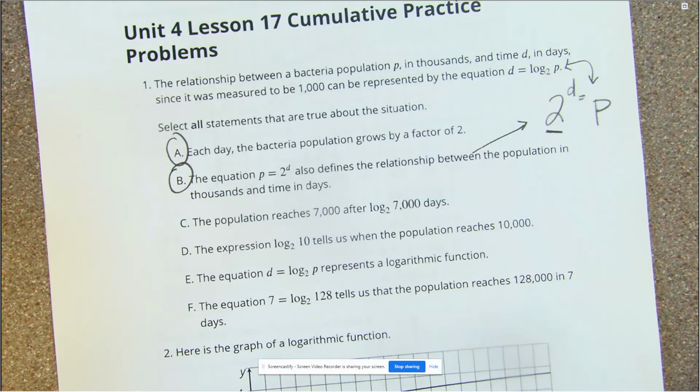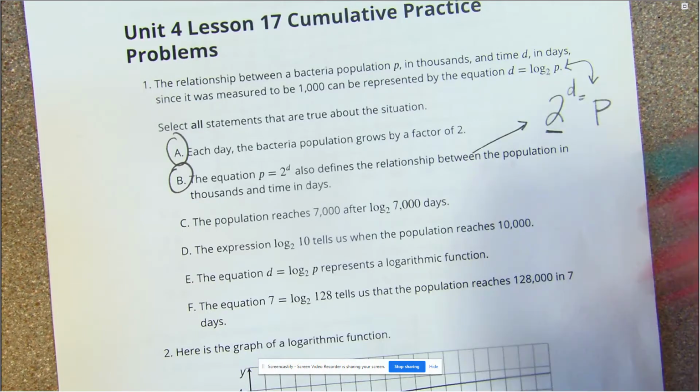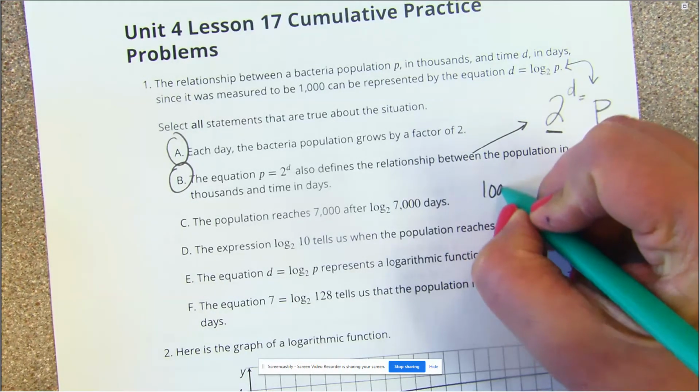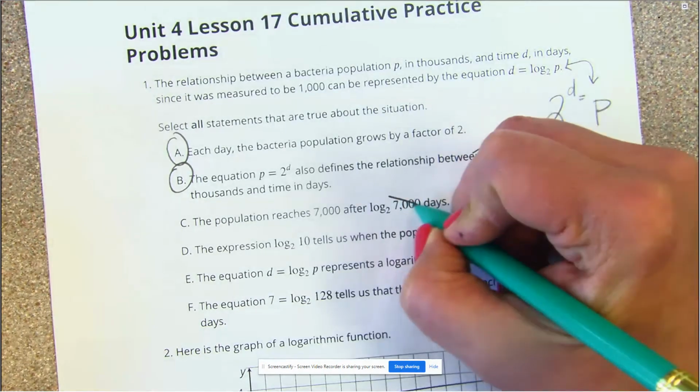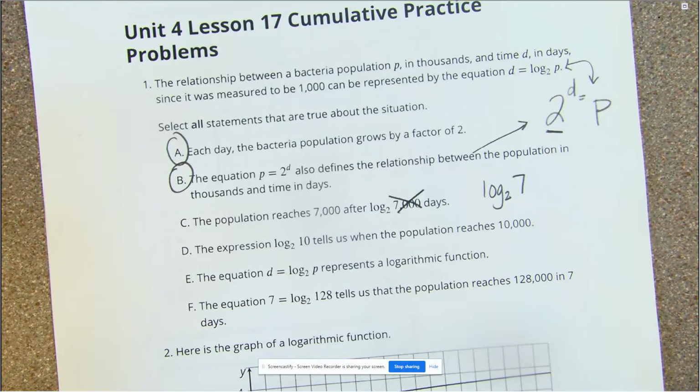C, the population reaches 7,000 after log base 2 of 7,000 days. Log base 2, well, p is in thousands, so no, because log base 2 of 7 would give us 7,000, not log base 2 of 7,000.